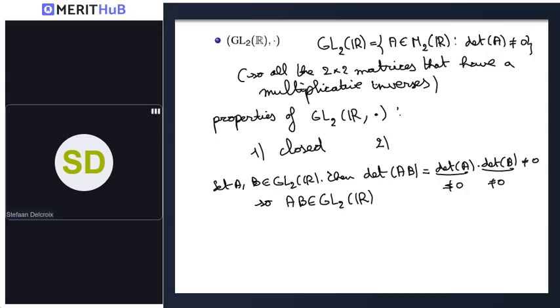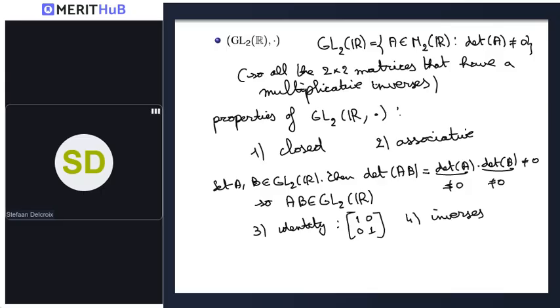It's of course associative because that's inherited. There is an identity, namely the identity matrix. And we have inverses because we only looked at the matrices that have an inverse.